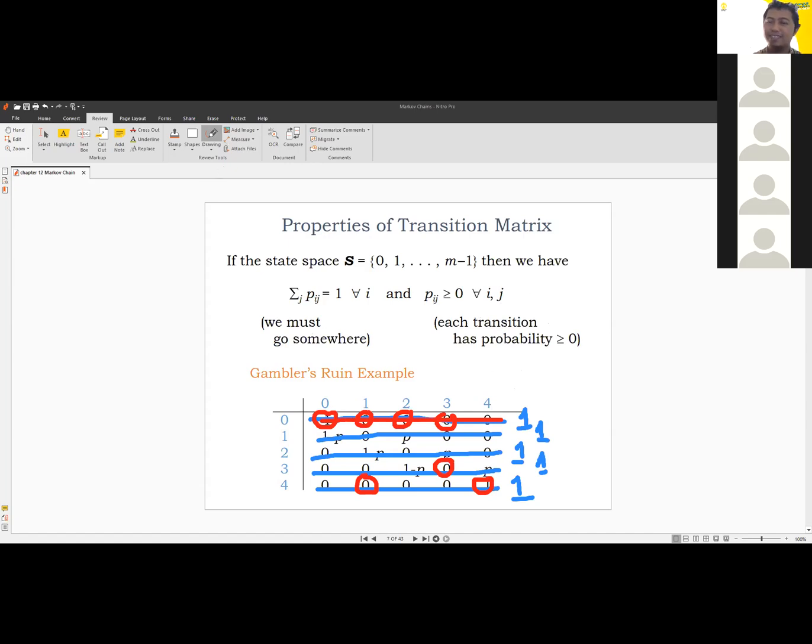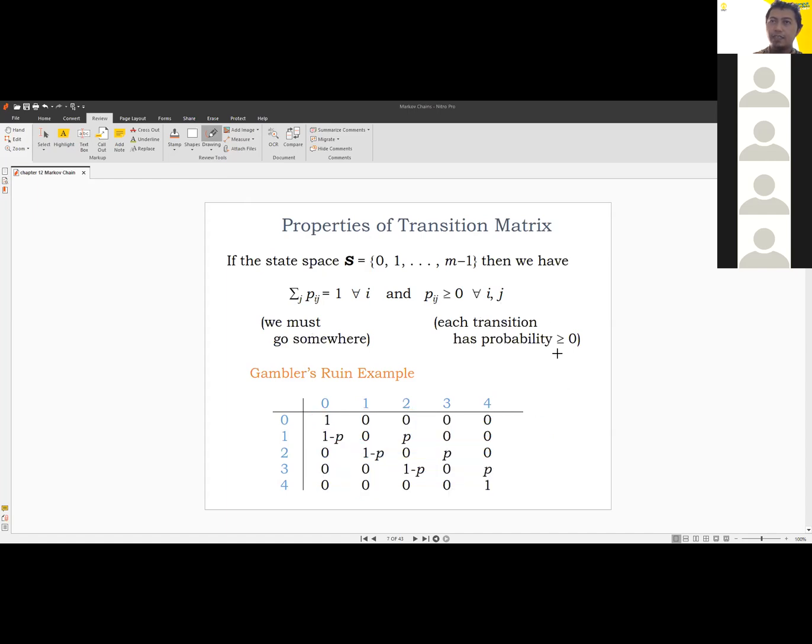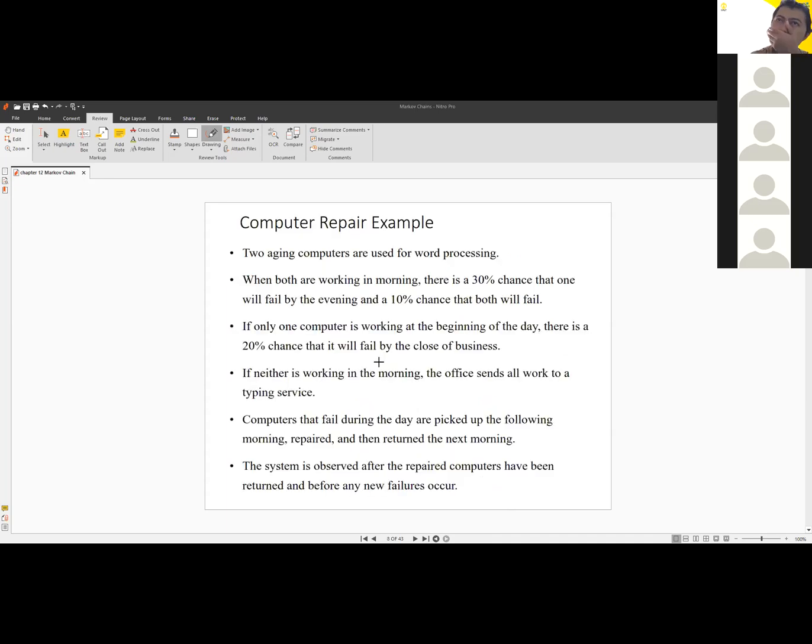No? Okay, this is one exercise you can read.